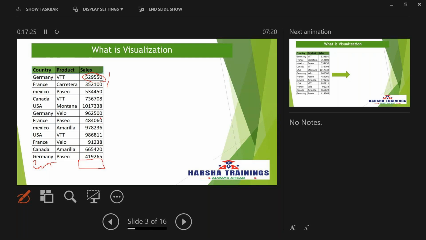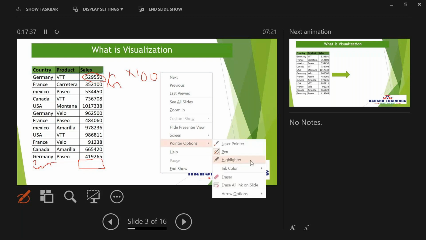Sales divided by grand total, multiplied by 100, gives the percentage. Yes or no? This is the way to calculate a percentage.